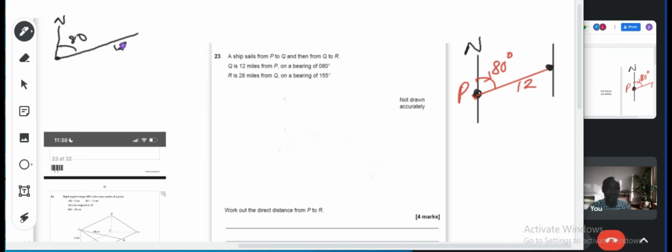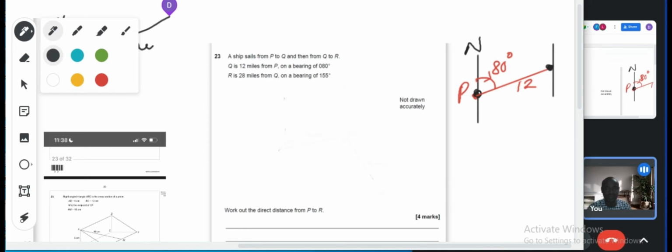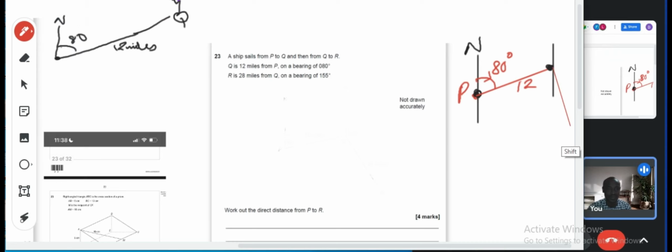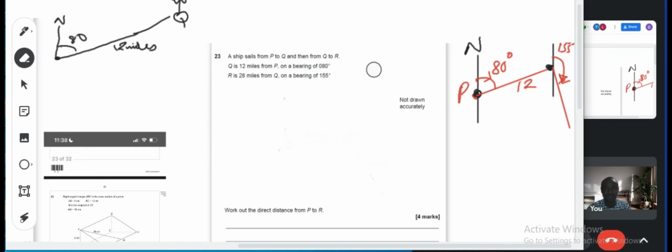And you measure 155 degrees. 155 degrees might just be somewhere around here. So that here is 155 degrees clockwise. So that's it.